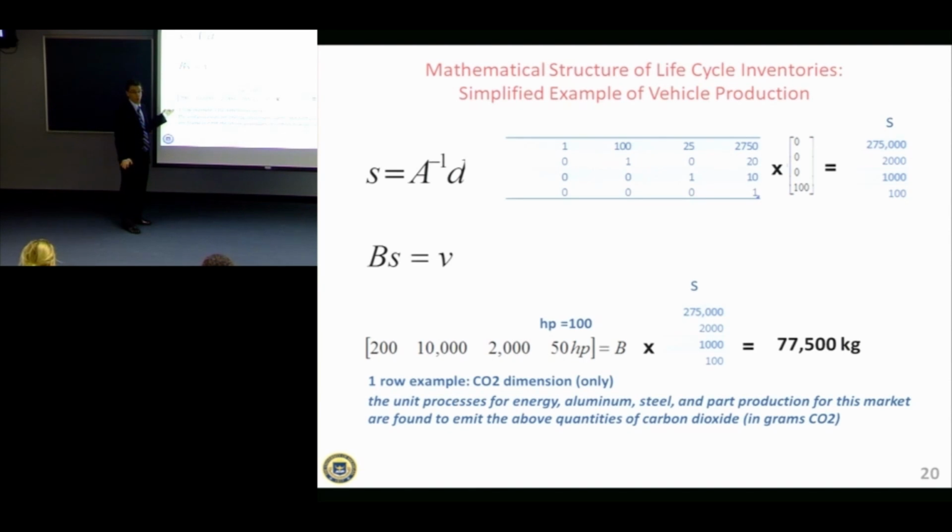And that's very important, because most product systems are not linear. And that's just one of the things you keep in mind when you're interpreting an LCI. So far, so good? No questions?